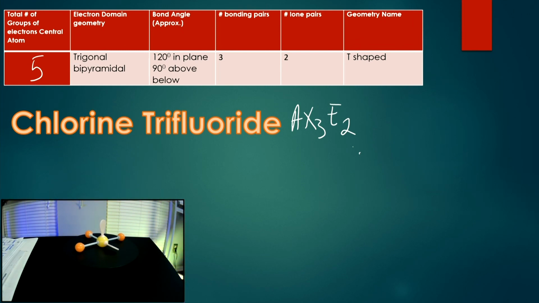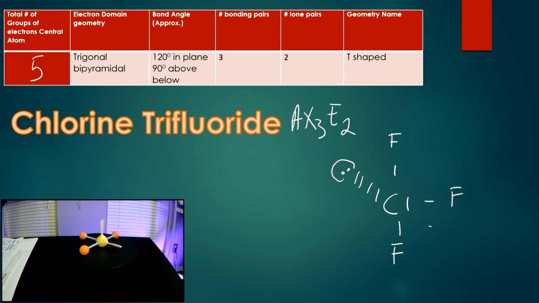To draw a molecule of ClF3 in terms of its perspective diagram, here's my chlorine. I'm going to have my fluorines here and here, and then one down here. So that's our T shape. And then we're going to have our lone pairs, one going away and one coming towards us.